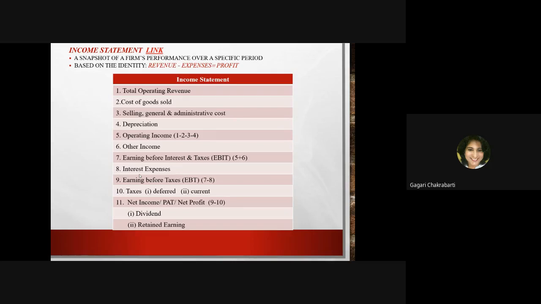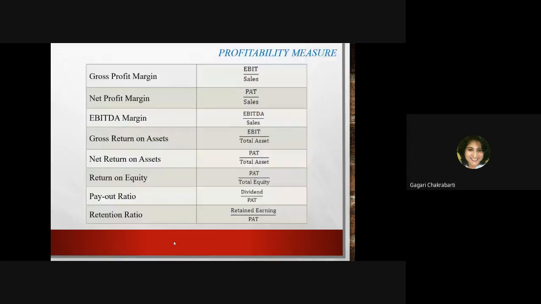So gross profit margin may be very high, but net profit margin may be low, so that the equity holders may be getting nothing. First of all, dividends will be zero and the retained earning will be zero, so there will be relatively less or even no provision for future investment. So these two are the most widely used margins.